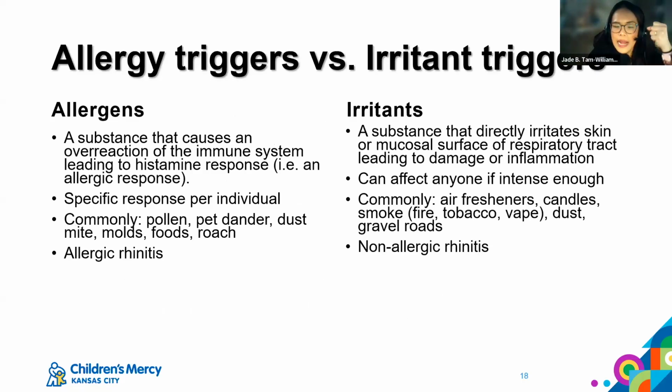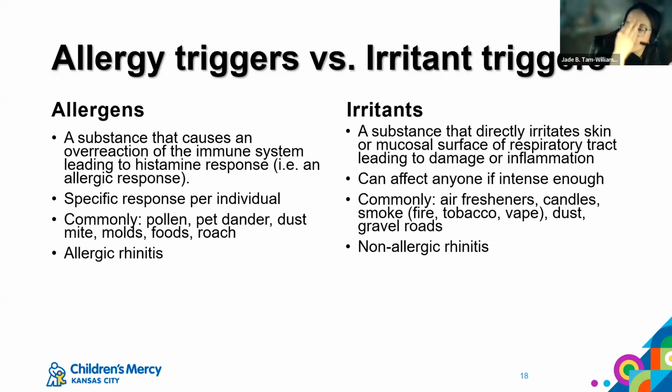An allergen trigger, by definition, is a substance that causes an overreaction of the immune system that leads to a histamine response. There's an itchy component to it. There's maybe a swelling component to it if it's anaphylaxis, but that response is specific to the individual. Most commonly, our allergens are pollen, dander, like dogs, cats, dust mites, molds, foods, roaches.